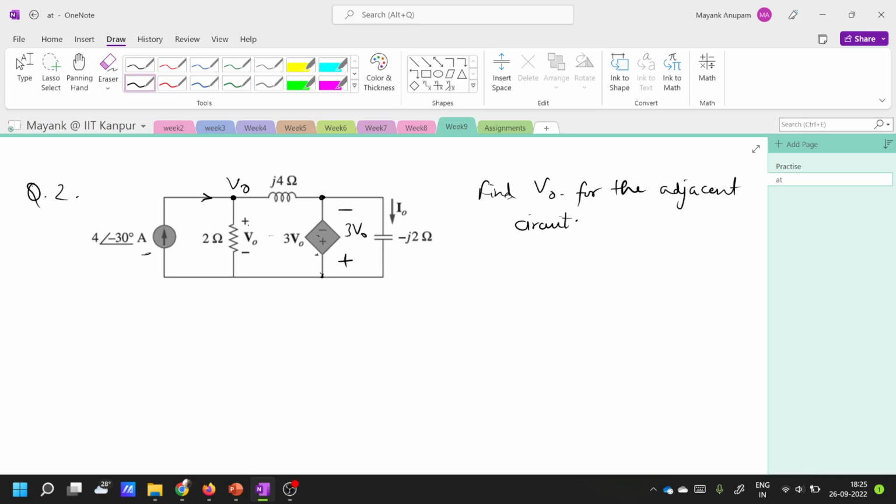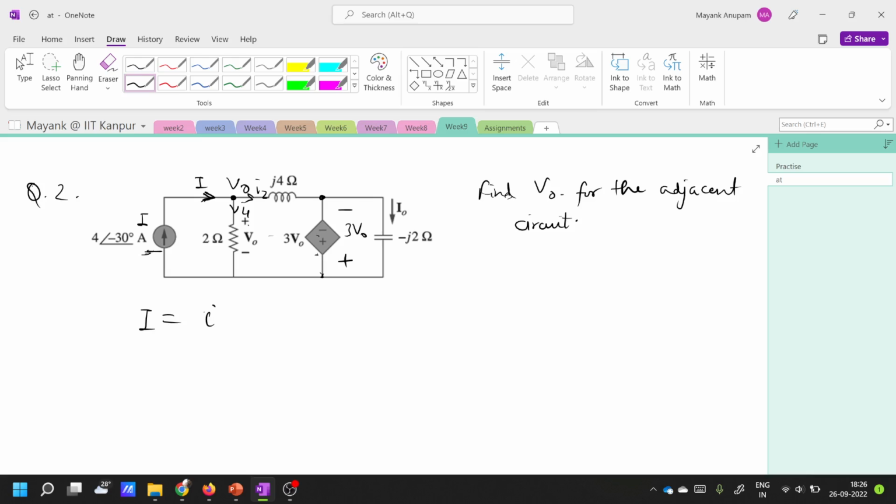Now we know the two voltages here. Let's solve the circuit. The current coming here will be divided between this and this. Let's call this I, this I1 and this I2.